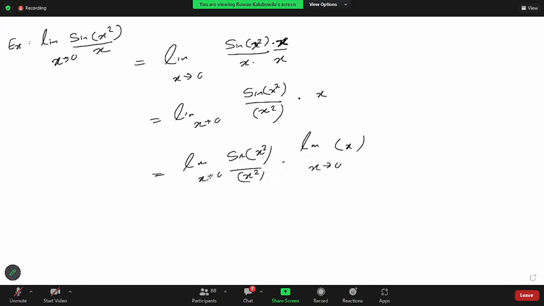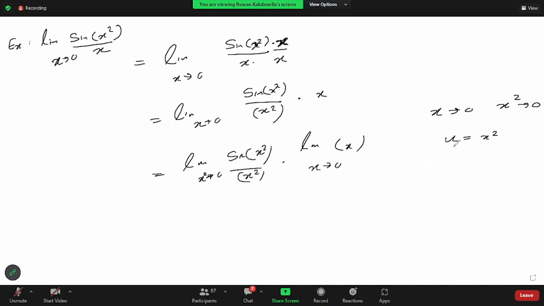Still you cannot find the limit directly, because x approaches 0, but inside our format we have x squared. Let's check it. When x approaches 0, x squared always approaches 0. So you can write x squared, or put a variable u for x squared, then convert this to our original format.